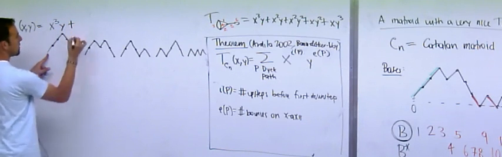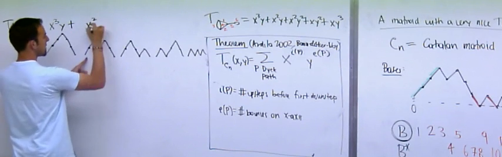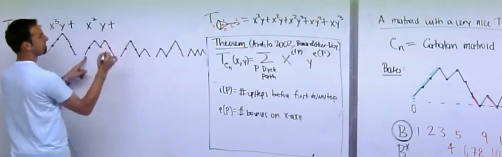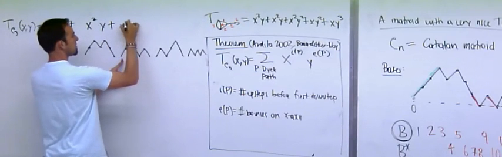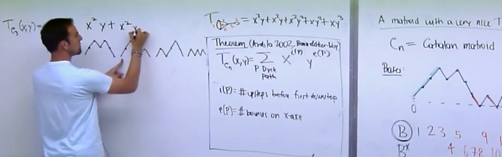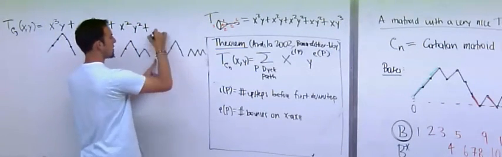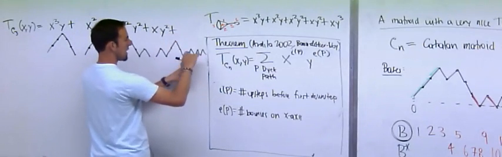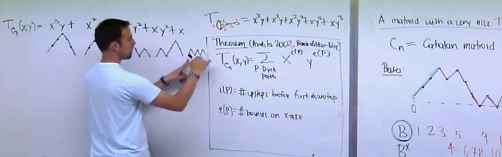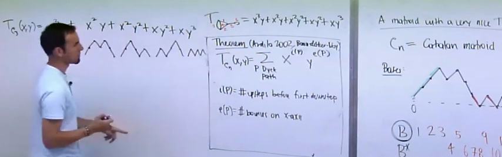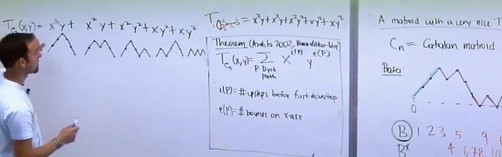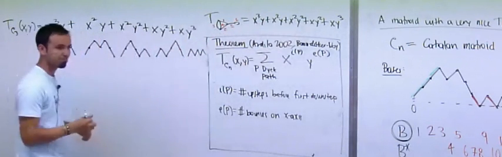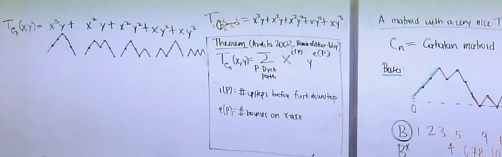Then plus x to the number of initial up steps, y to the number of bounces, and so on for each path. Hopefully that matches, as it should, because these two matroids are isomorphic. So that gives you a nice way of computing this Tutte polynomial.